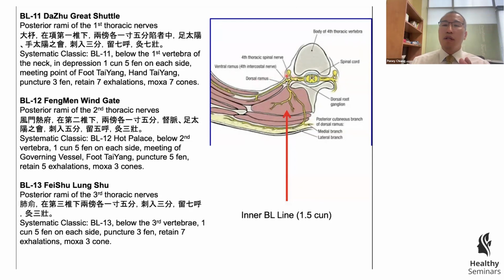You'll see one that's coming forward towards the front of the body, and that's called the ventral rami. Sometimes you'll see that term used as anterior rami, used interchangeably. There is one that goes posteriorly, and that's called the posterior rami. Sometimes you'll see people use the term dorsal rami, okay, that's used interchangeably.